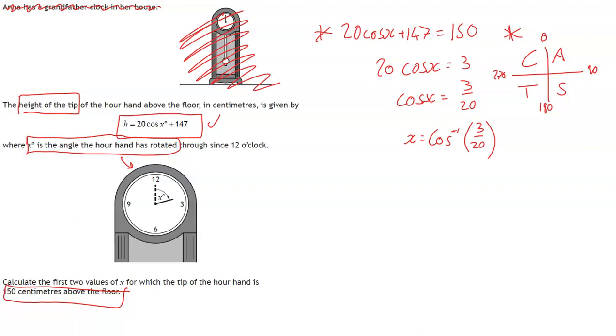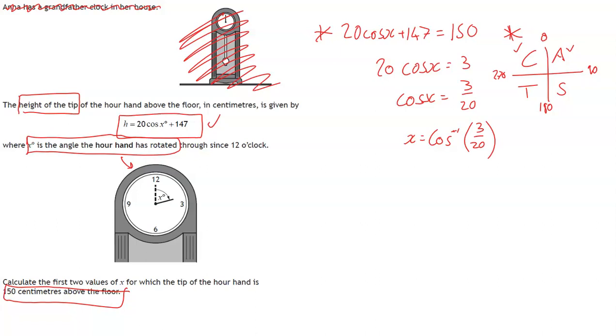So I'm going to get two solutions, one between 0 and 90, and the other between 270 and 360 degrees. If I solve cos minus 1 of 3 over 20, I get the solution between 0 and 90. I can then subtract that solution from 360 degrees to get my second solution, which lies in that C section between 270 and 360 degrees.